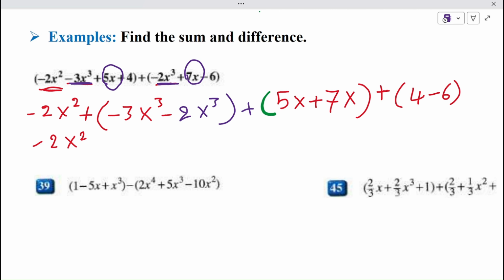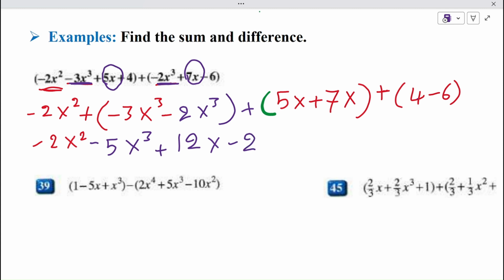This is equal to 2 plus 3 is 5, so minus 5x to the power 3. Plus, what about 5 plus 7? 5 plus 7 is equal to 12x. Minus, here 4 minus x is equal to minus 2.